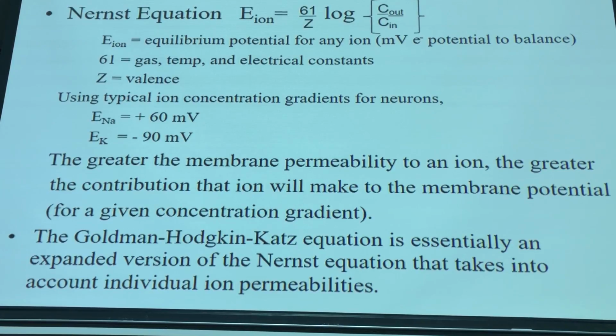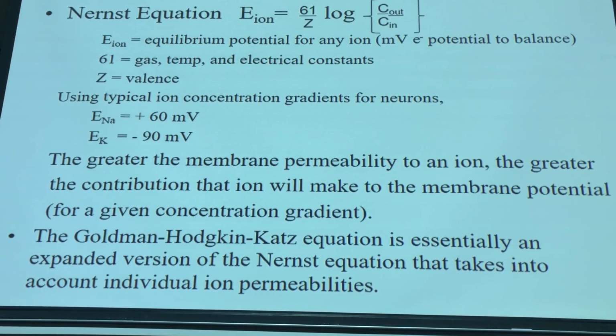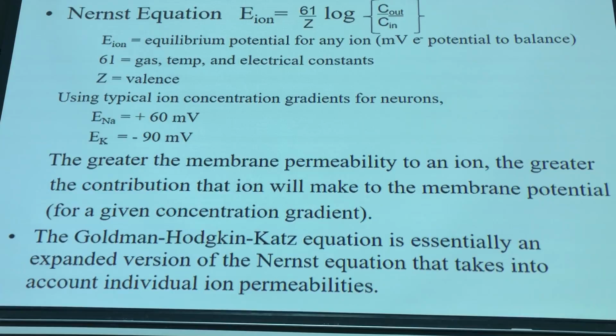Your book also talks about the Goldman-Hodgkin-Katz equation, which is really complicated. You don't need to know that. I'm just boiling it down for you: all you need to know is that it's basically a fancy version of the Nernst equation, but it takes into account all the different ions, okay?